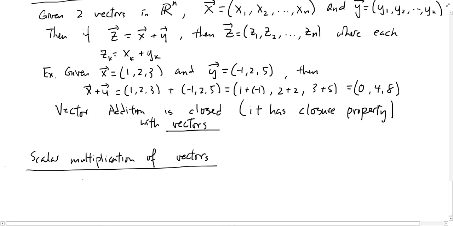As the name suggests, this is some kind of multiplication, but it's not the multiplication that you think you've learned, because this is called scalar multiplication. This multiplication involves a scalar. So let's define what it is.